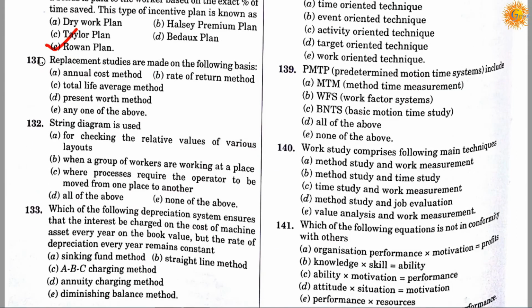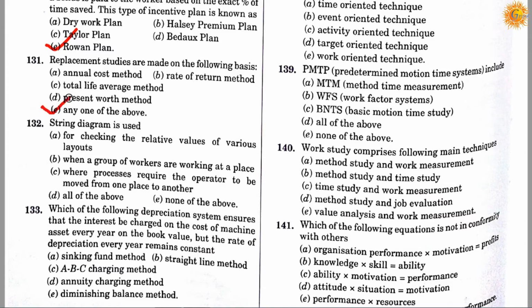Question number 131. Replacement studies are made on the following basis. Option A is an annual cost method, option B is a rate of return method, option C is a total life average method, option D is a present worth method, and option E is any one of the above.